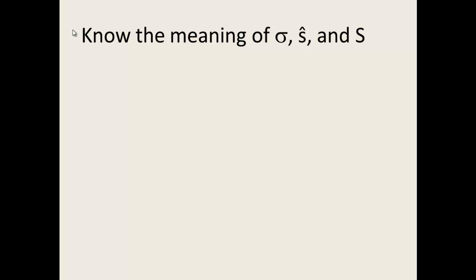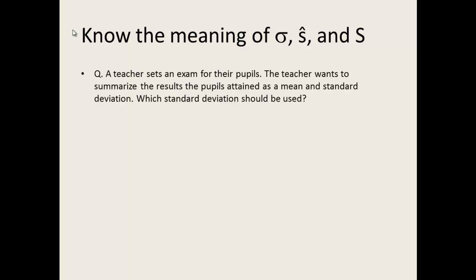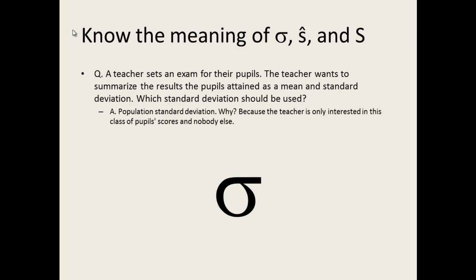Let's try practicing some of these by looking at scenarios and deciding which symbol we should use for the standard deviation. A teacher sets an exam for her pupils. The teacher wants to summarize the results the pupils attained as a mean and standard deviation. Which standard deviation should she use? In this case, the answer is actually a population standard deviation.